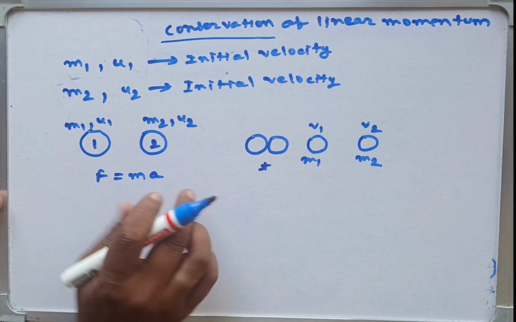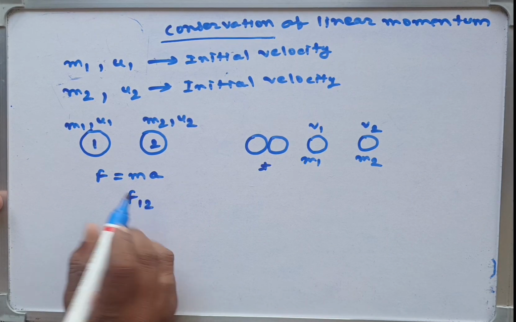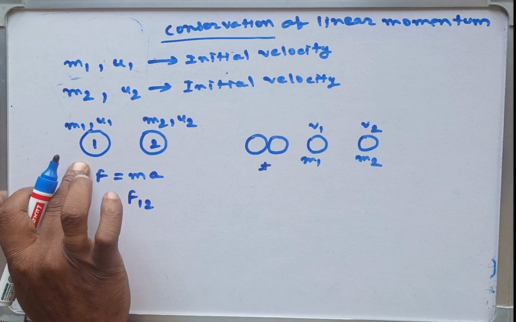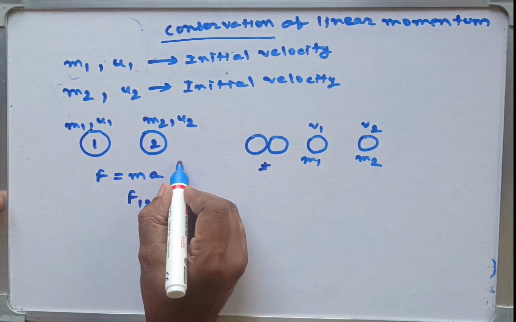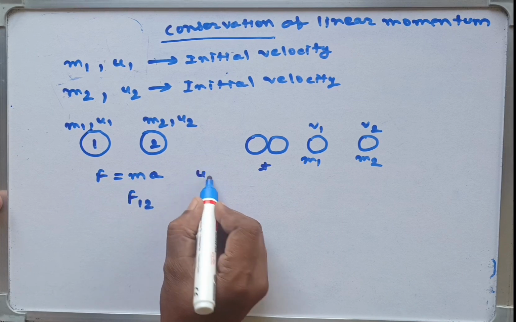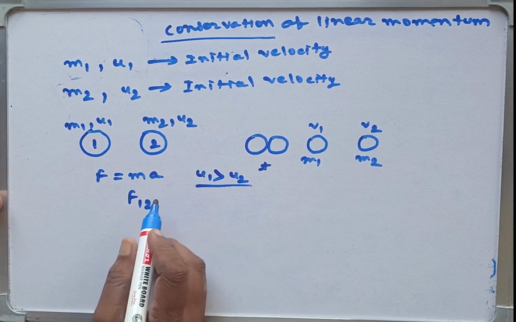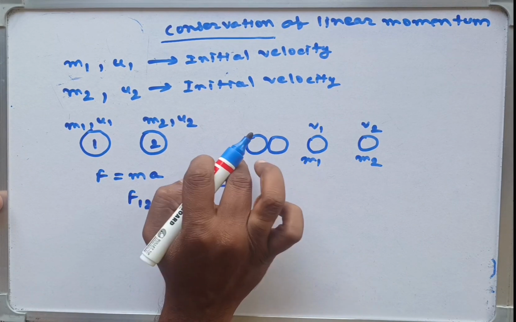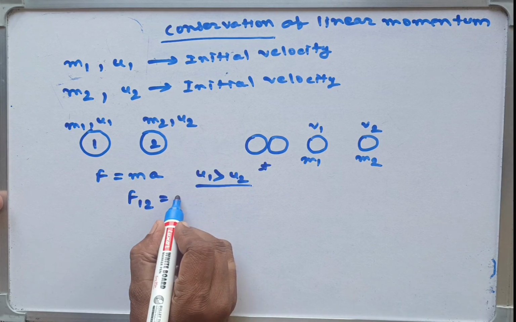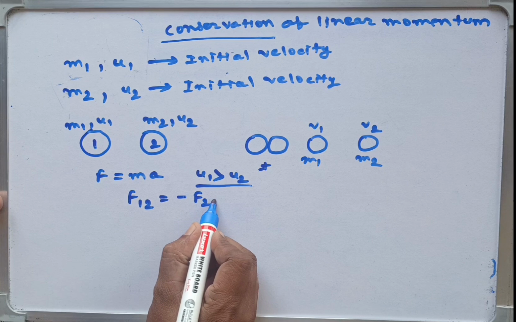Suppose F12 is the force applied by the first ball on the second one. Here we assume u1 is greater than u2. Now the force exerted by 2 on 1 will have a negative sign, F21.